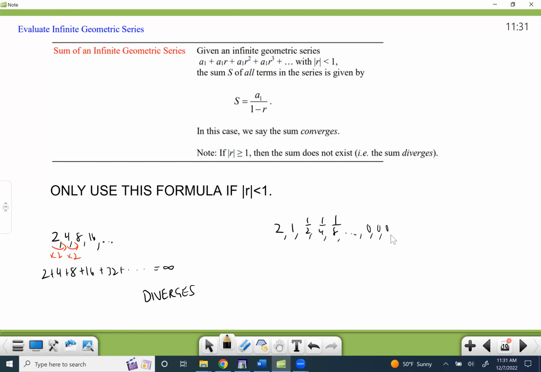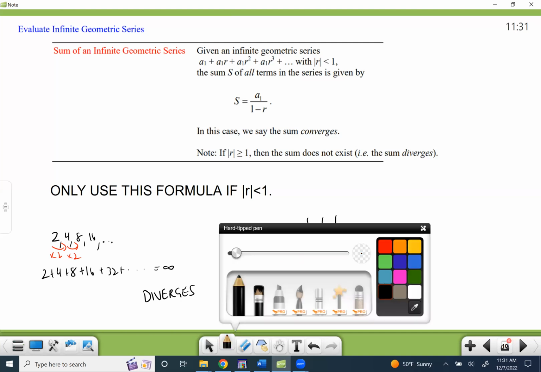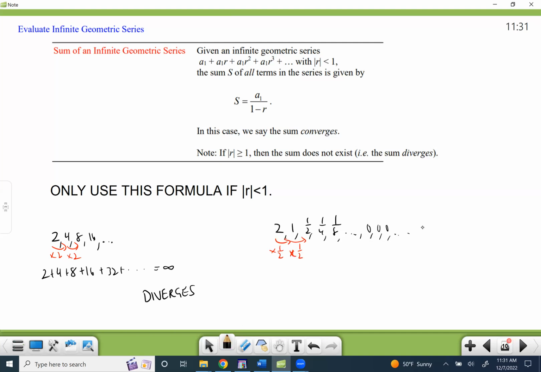They're almost zeros, if you will, okay? So we want to make sure that this thing is shrinking. So I have an r less than 1. That's what's going to guarantee it's going to shrink. Multiplying by a fraction is what's going to make it shrink. So at some point, it's shrunk so much that it's like you're adding nothing. And that's the case when we can find the sum. This one converges. We can find the sum.